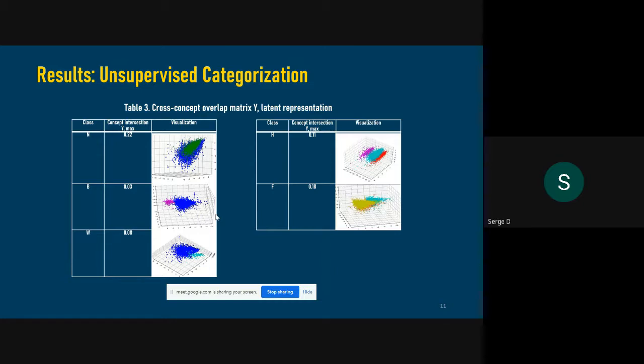This observation did not apply to all concepts, and this is understandable because in this study we do not use labeled data for training at all. So the structure which is created as a result of training is entirely unsupervised. It's a natural representation of a data set which does not have any knowledge about high-level concepts.